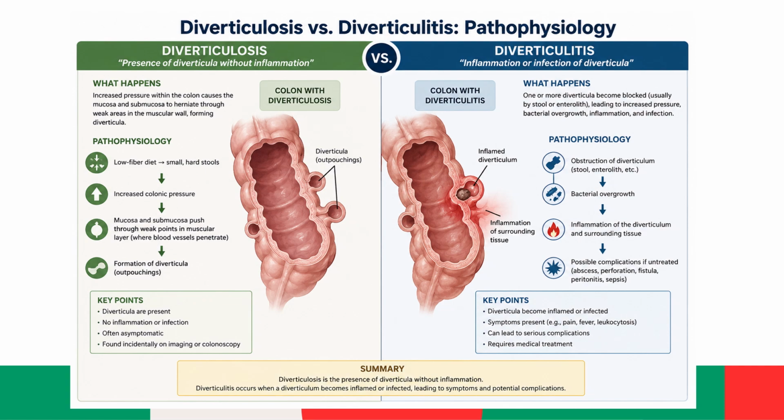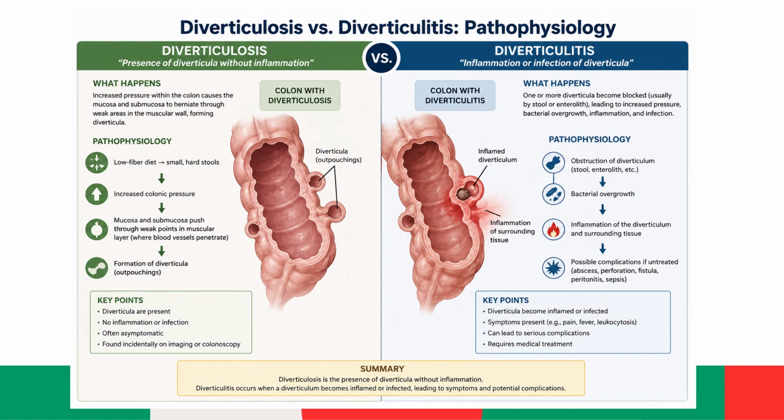Now let's move to diverticulitis. This is when one or more of those diverticula becomes inflamed, sometimes with infection. And the exact mechanism isn't always simply that stool gets stuck in the pouch, but obstruction of the diverticulum and changes in the local environment can contribute to inflammation. And once inflammation develops, the surrounding bowel tissue can also become involved.